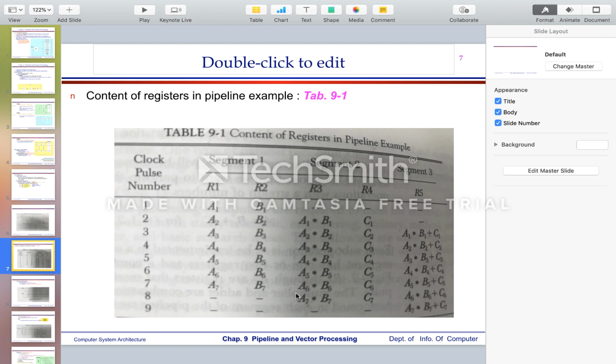After this, in the next clock cycle we will have A7 times B7 and C7 will be stored, and in the clock cycle after that, we will have A7 times B7 plus C7. So see, rather than executing sequentially, if we execute in this manner, then we can have overlap fashion in one go.